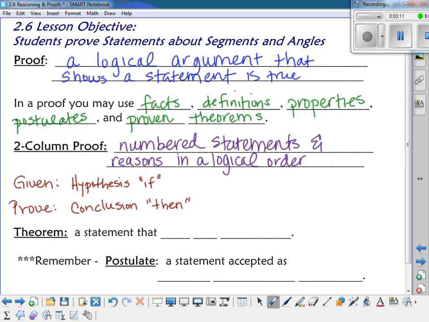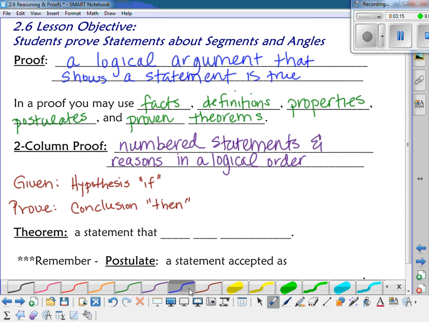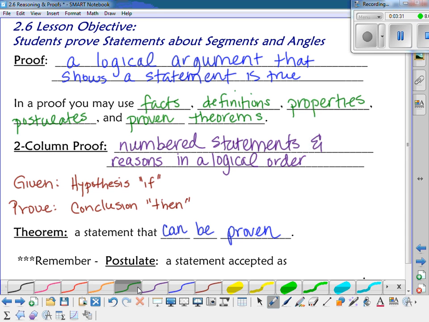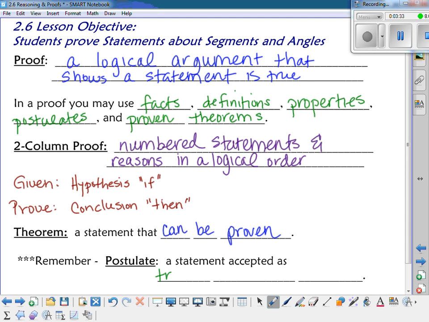So a theorem, we've talked about postulates before. A theorem is a statement that can be proven. You may recall that a postulate is a statement that is accepted as true without proof. So we don't have to prove postulates, but we do have to prove theorems.